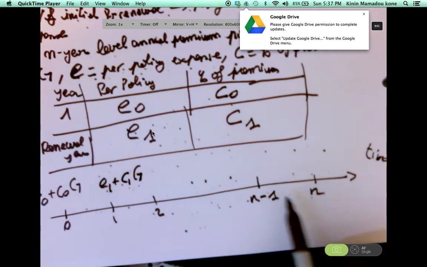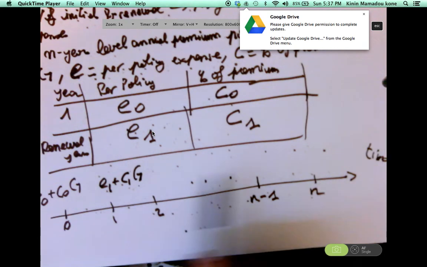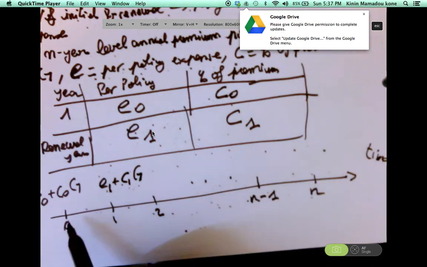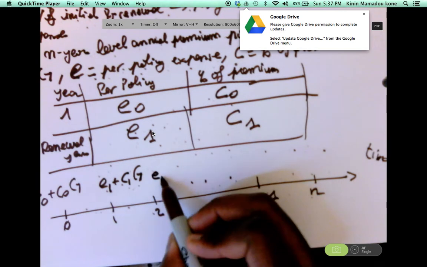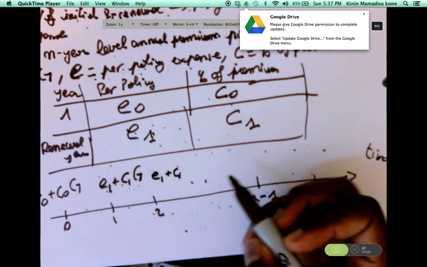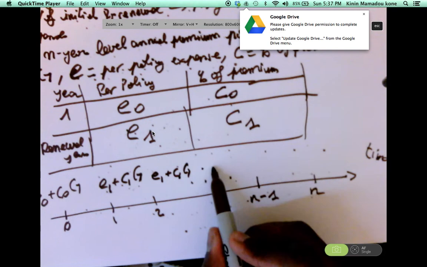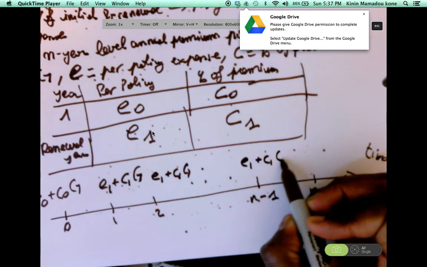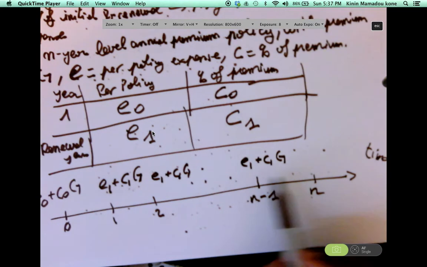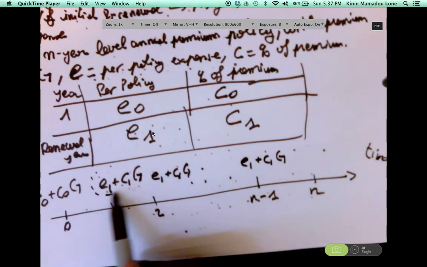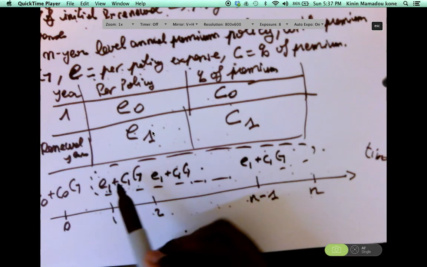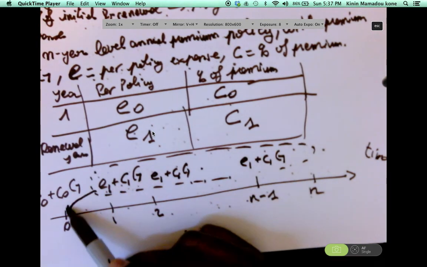You don't pay at n, but you stop at n minus 1 because it appears as an annuity. You pay at the beginning of the year, so E1 plus C1 G again, until you get to the last one, and you stop here. You need to evaluate all of those cash payments back at time 0.